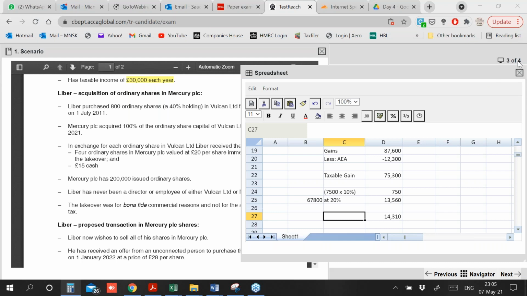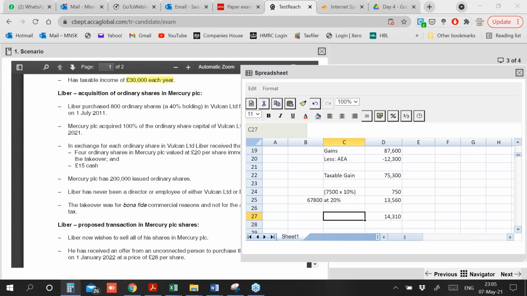So what will be the advantage? Spot on, Johannes and Fawad, one of the advantages is a separate annual exemption being available. Then the second, spot on Fawad, the basic rate band will be available again next year as well, provided her income continues to be 30,000 next year.